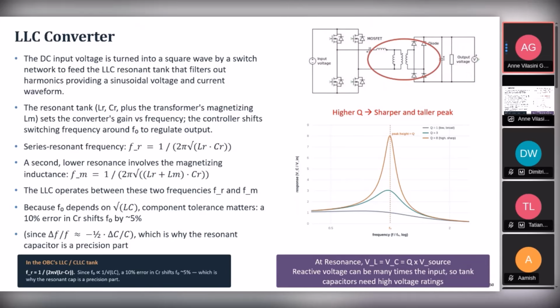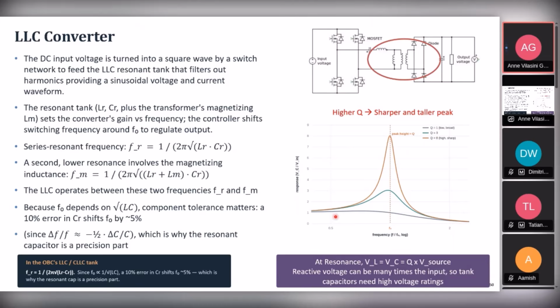So the converter is running on smooth sine waves rather than harsh switching edges. This tank is important for the operation of the LLC converter because it is setting the gain versus frequency. Instead of changing the pulse width as in other modulation techniques, the controller is regulating the output by simply shifting the frequency around the resonant point.